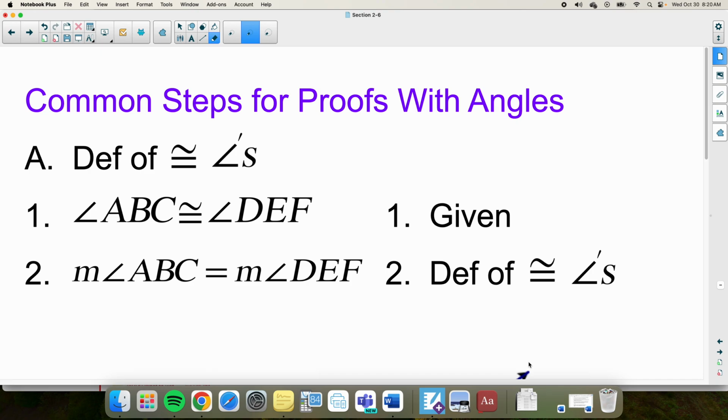So we are going to be working on proofs with angles, and we're going to notice today that the angle proofs have similarities to the segment proofs.